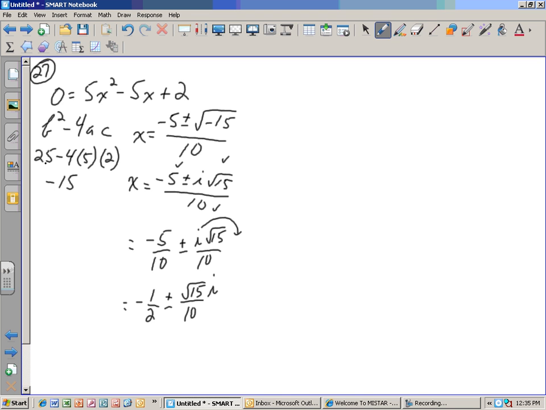So then this is in the form a plus bi, where your a is negative 1/2, the b is the square root of 15 over 10. So we've kind of taken that one step further.